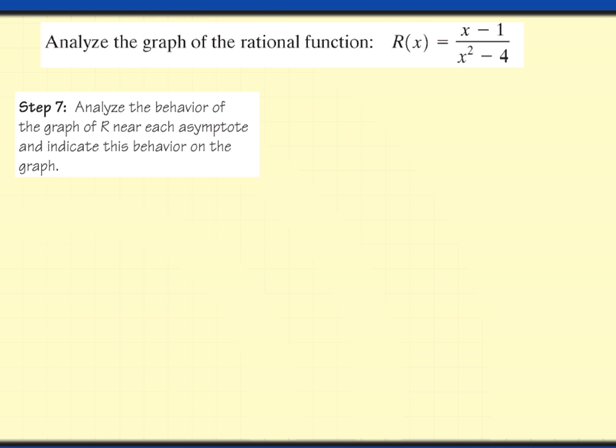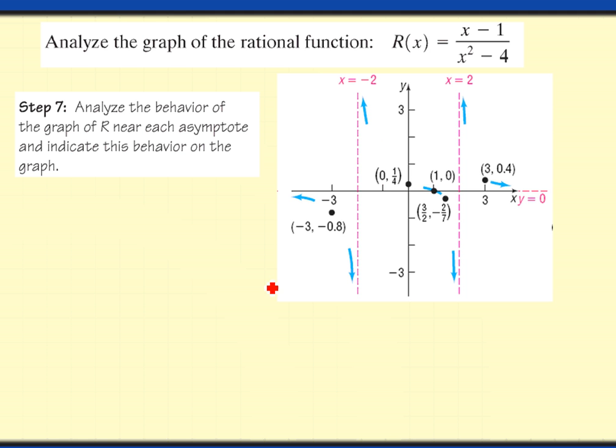Now, here's the idea. We're going to analyze the behavior near each of those asymptotes and get an idea of what the graph is going to look like. And so here's what I was getting at. We know that we have this point. But we know that the further we go out to the left, the closer the graph has to get to the horizontal asymptote. So it's going to go something like that.